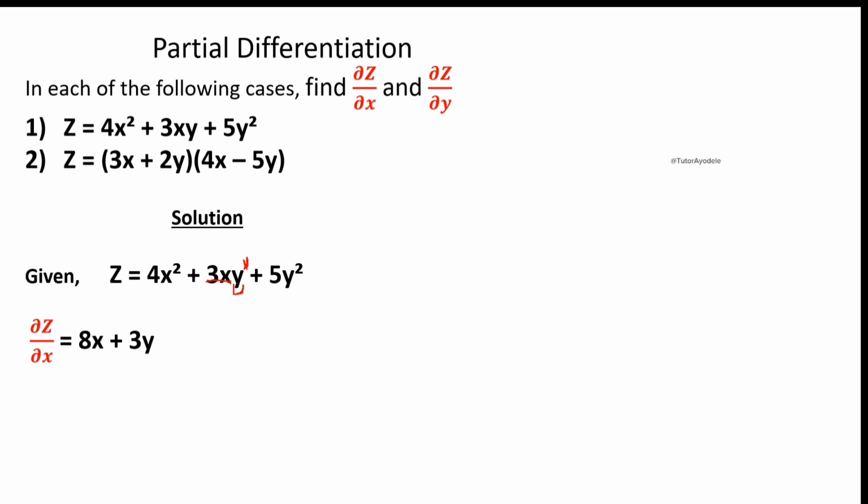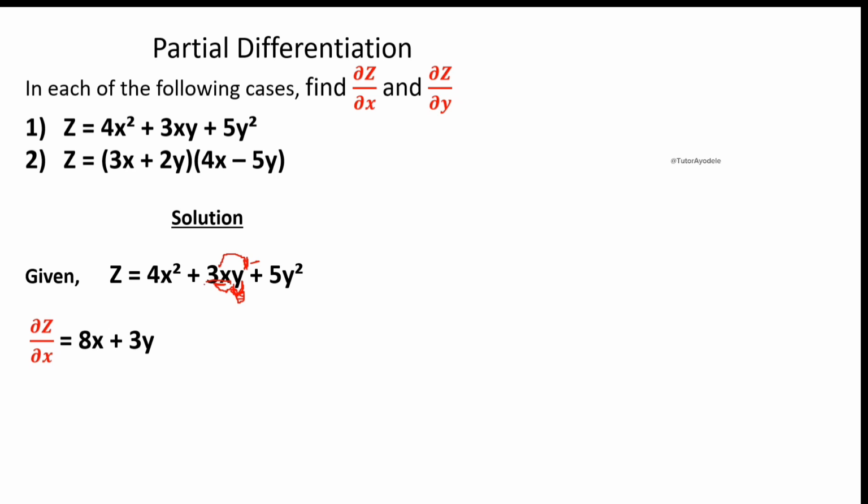So if I use the power to multiply this 3x, it will still give me 3x. If I subtract 1 from the power, it will give me 1 minus 1, and that will be 0. So I will have y raised to power of 0, and y raised to power of 0 will give me 1, just as I've said that any variable raised to power 0 will give me 1.